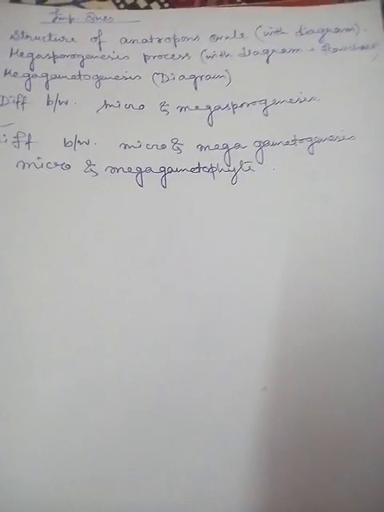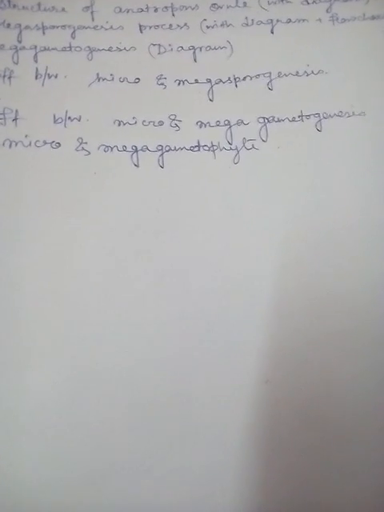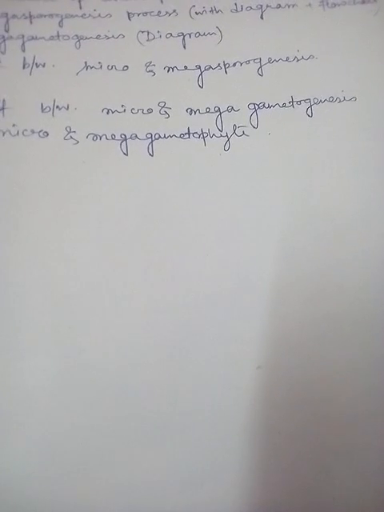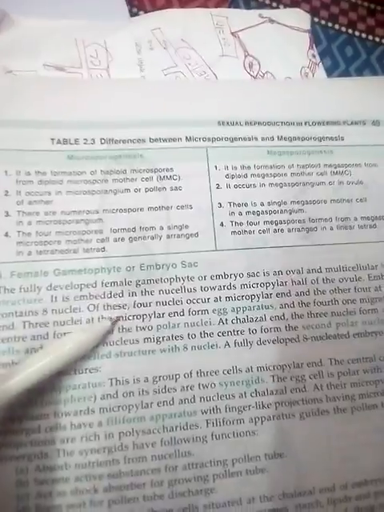What is the difference between micro and megasporogenesis? Microsporogenesis is the process of formation of microspores, whereas megasporogenesis is the process of formation of megaspores. Microsporogenesis takes place in the microsporangium, while megasporogenesis takes place within the megasporangium or ovule. Spore formation takes place from the MMC, the microspore mother cell, and here from the megaspore mother cell, also known as MMC.